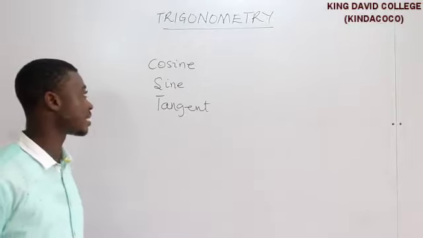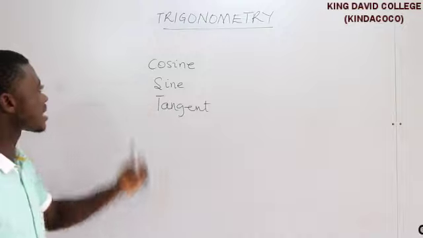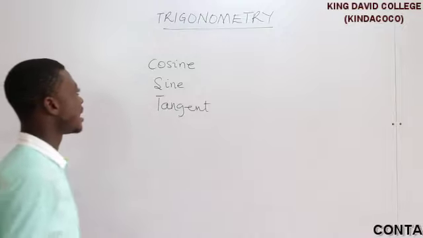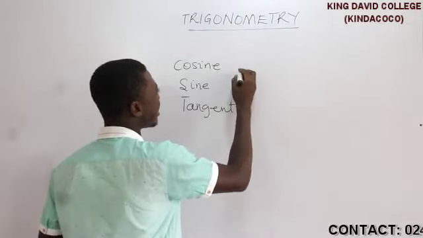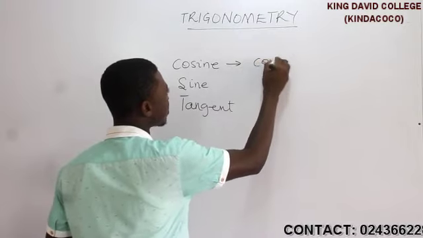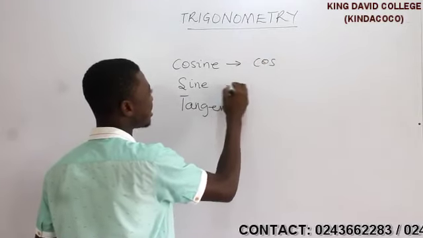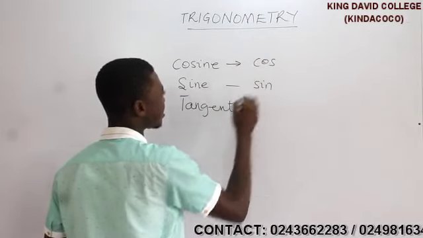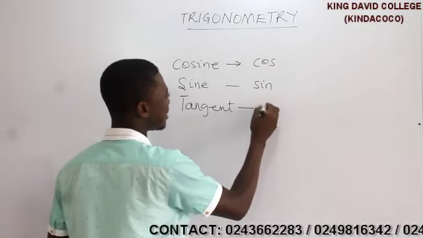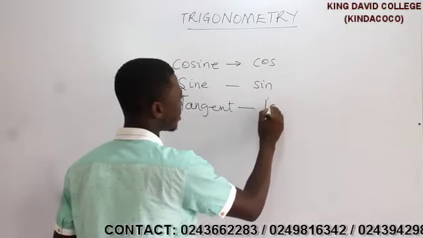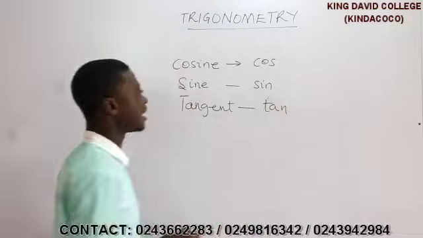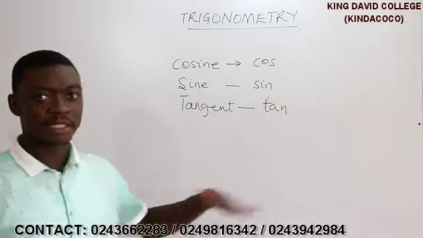Now the cosine, normally it is denoted as cos, and then the sine is denoted as what? Sine, and then the tangent is denoted as what? Tan. Okay, so these are the three basic ones.